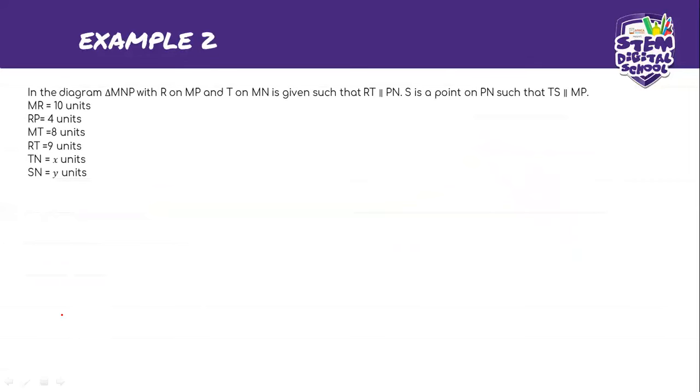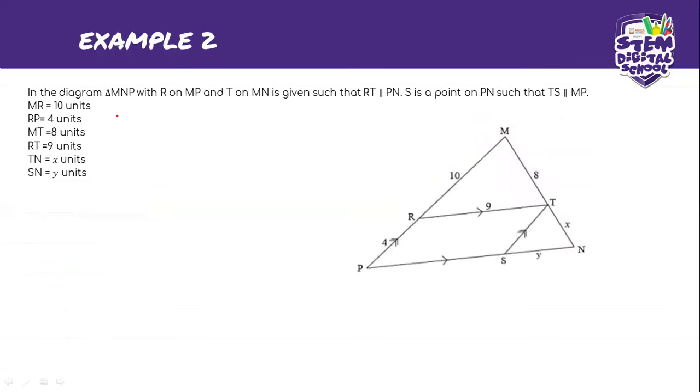Example 2. In the diagram below, we have a triangle MNP. Where's triangle MNP? Can you see that? With R on MP and T on MN is given such that RT, where's RT? Yes, RT is parallel to PN.